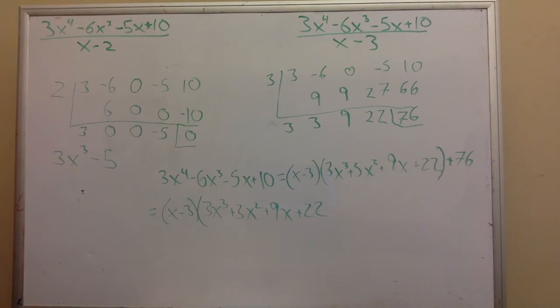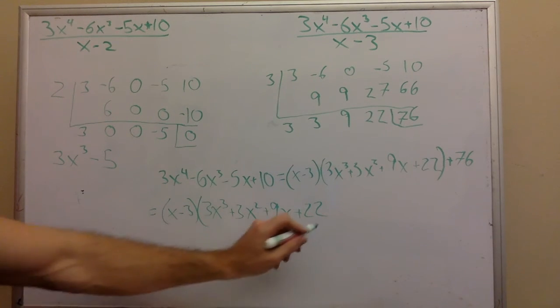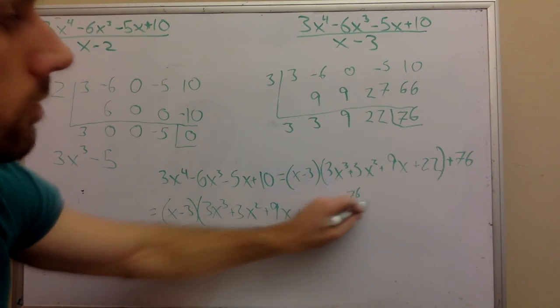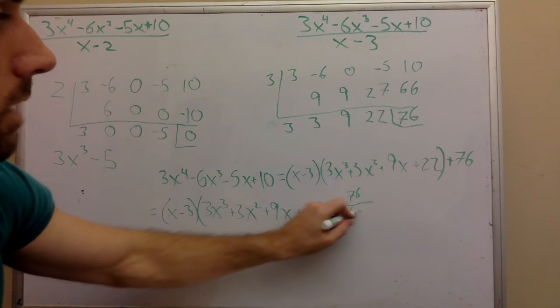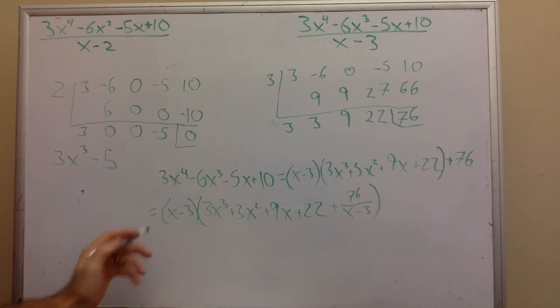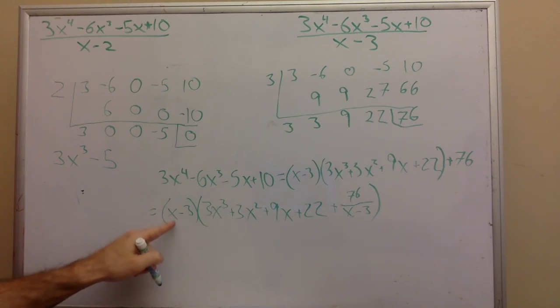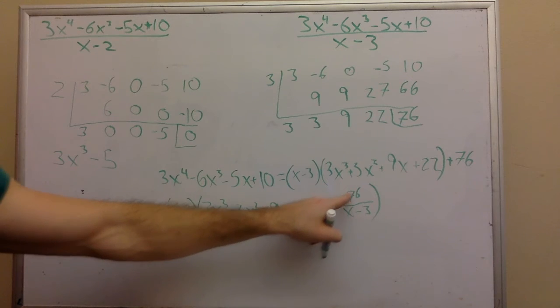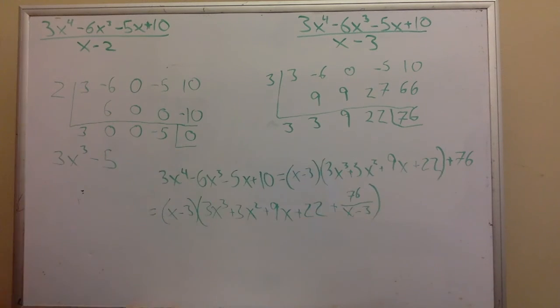And then, because this is inside the parentheses, we'd have plus 76 over x minus 3. So that's another way to write this. Obviously, if we distribute this x minus 3 to this term, we'd just get the 76, and it would be outside. We'd already have distributed. So you can see how those are the same.